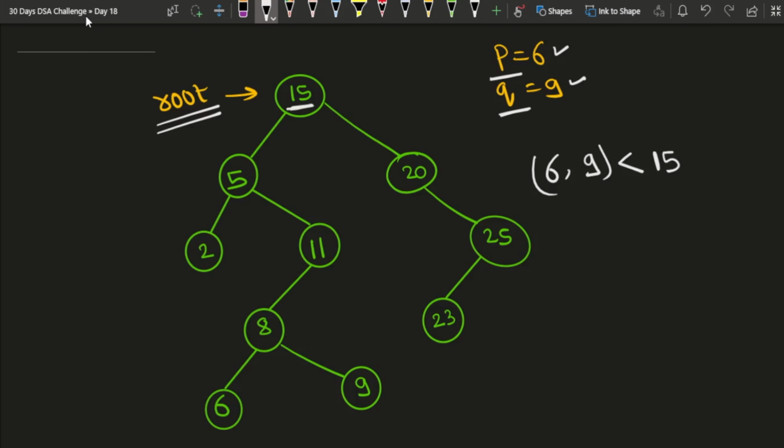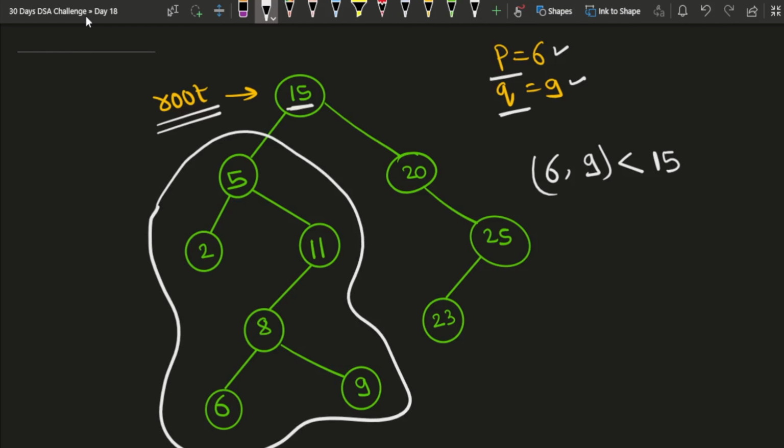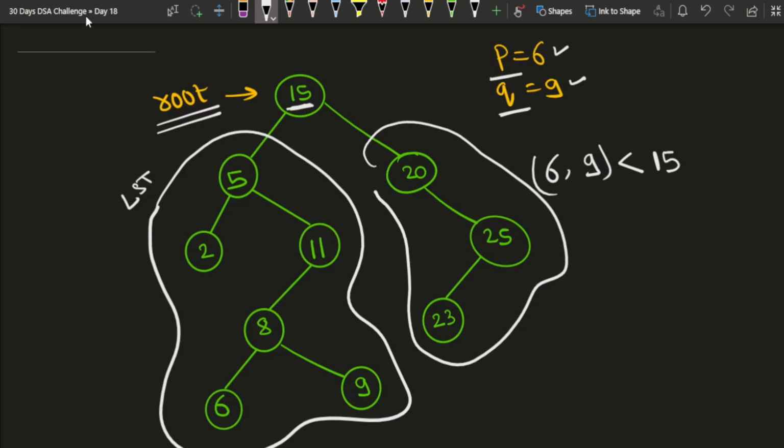And we are here in a BST. So as per the property of BST, everything which is coming into the left subtree will have values lesser than the node value, right? So if I'm considering this node 15, then everything which is coming into this left subtree will have values lesser than 15, and everything which is coming into this right subtree will have values greater than 15, right?